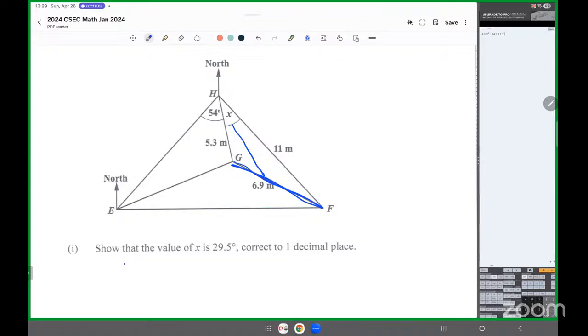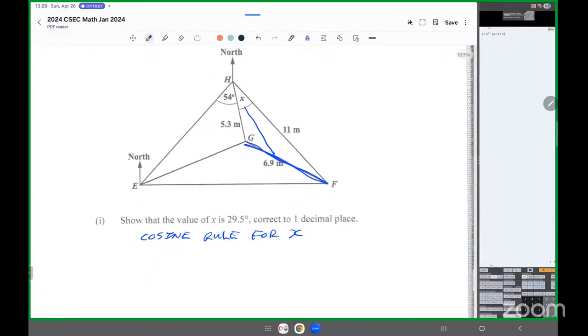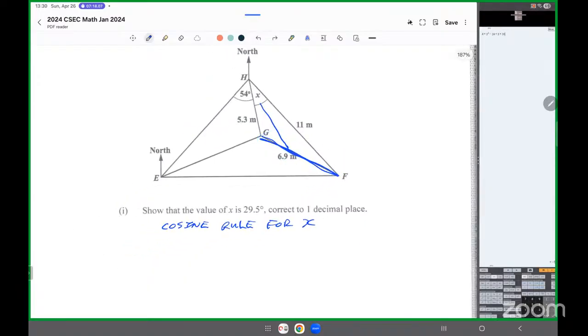So cosine rule for the x, not alpha, for the x. Start like this is the hypotenuse, the 6.9. So you're going to write 6.9 squared equals this side squared plus this side squared.